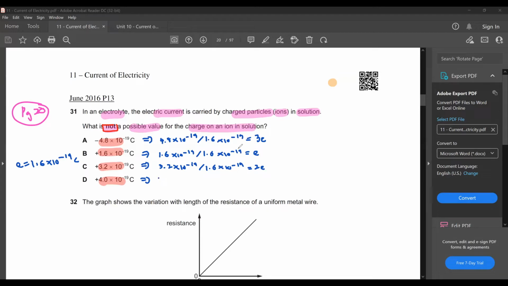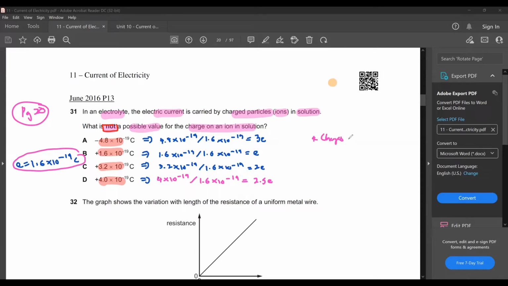Last one, 4 times 10 power minus 19 divided by 1.6 times 10 power minus 19, you're eventually going to get the answer as 2.5E.